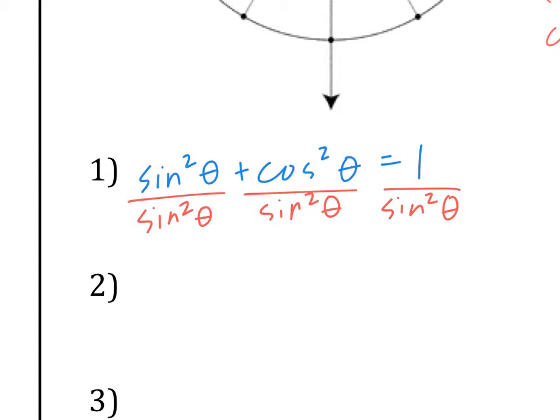All right, so let's look at this together. Sine squared over sine squared is what? 1. All right, cosine squared over sine squared, you may not know. Let's take out the square. Cosine over sine is what? Cotangent. So cosine squared over sine squared is cotangent squared.